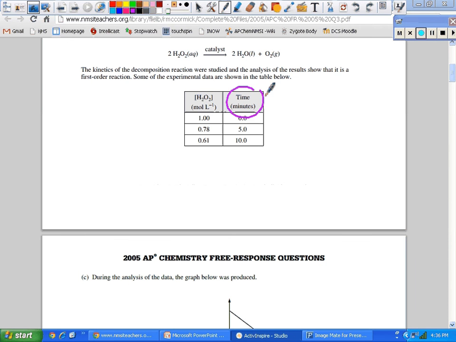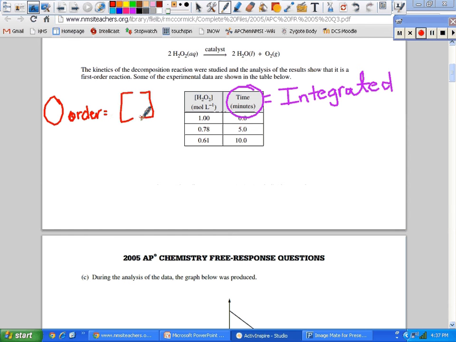Wayne, this is what me and you were talking about earlier. If it was zero order, it was just the concentration on the graph, right? Because when integrated, we're looking for the slope of a straight line. Whenever we plug these numbers in, we're trying to find the slope of a straight line.